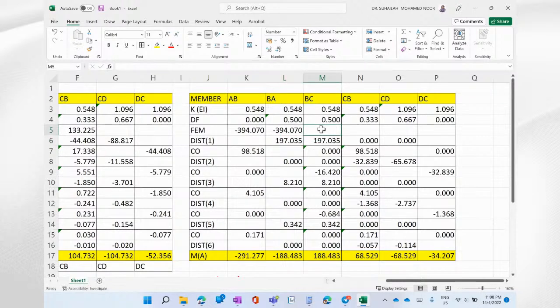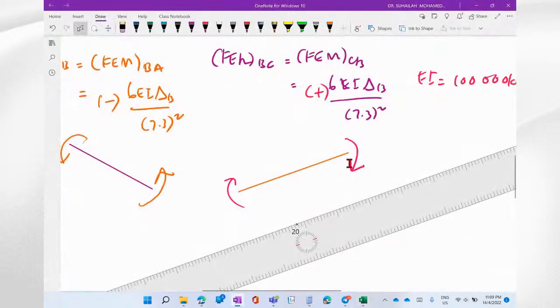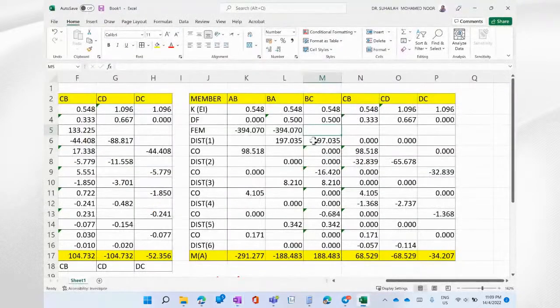And another one will be the same because delta is equal and length is also equal, but the sign is not equal. So the sign must be positive. This one is positive.